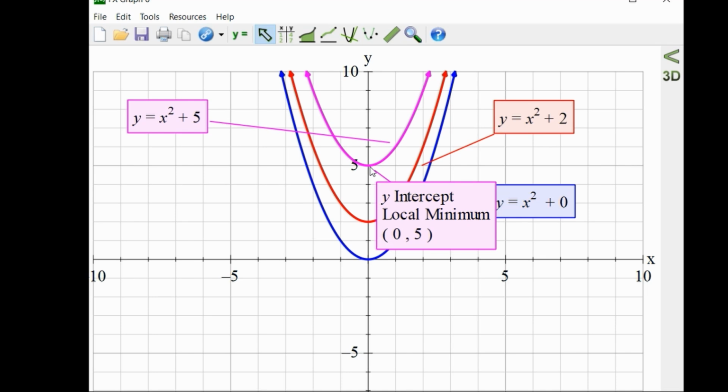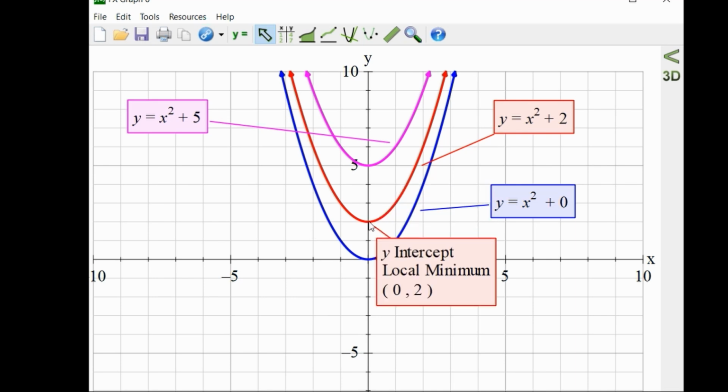The value of x for the purple is 0 at that point. The value of y at that point is 5. This one here, the red, the value of x at that point is 0, because it's where x is indeed 0, and the value of y at that point is 2.